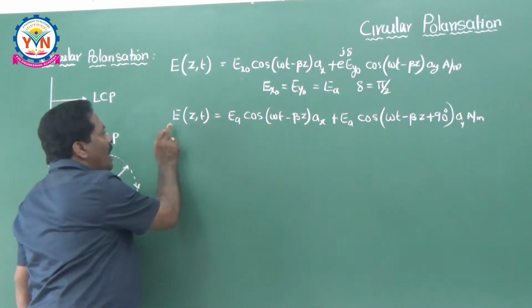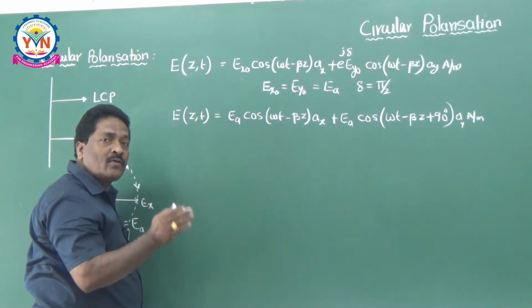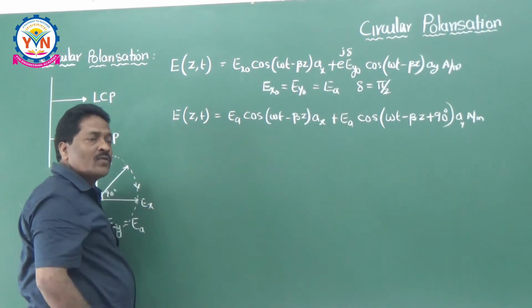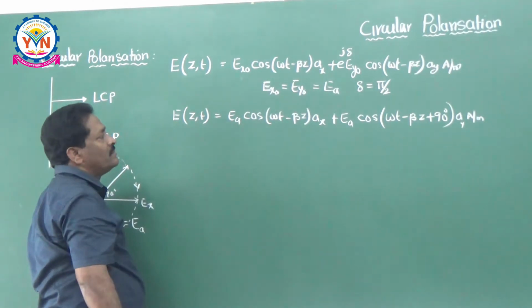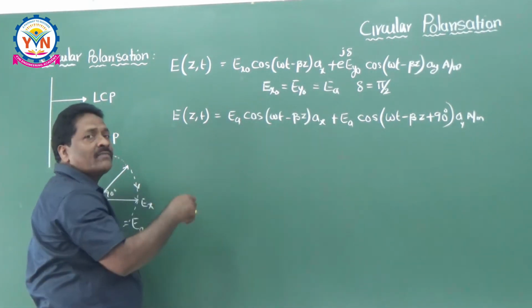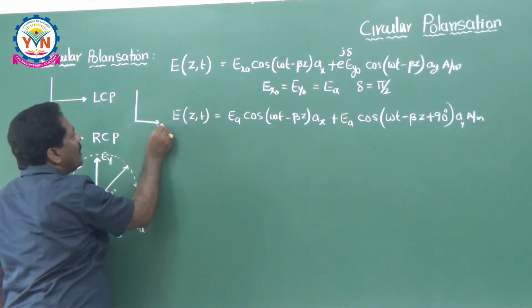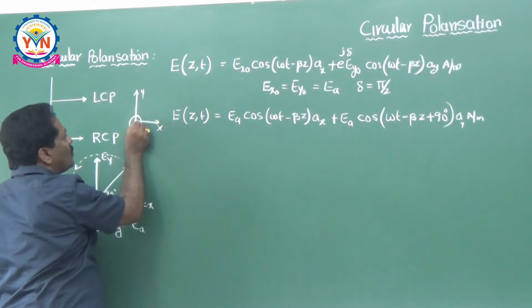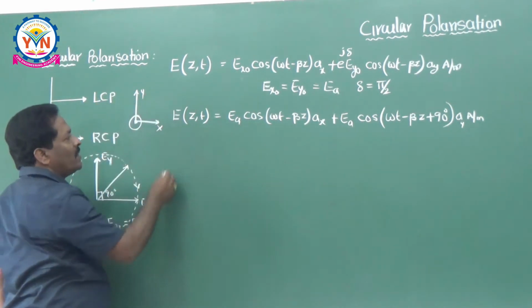Now, applying the definition of polarization, because polarization means you have to observe the coming wave at a particular point in space, I would like to observe this at z equal to 0. Z equal to 0 means the xy plane. So you can say this is x and this is y, and this is the z equal to 0 plane, because at z equal to 0 you are observing this wave.